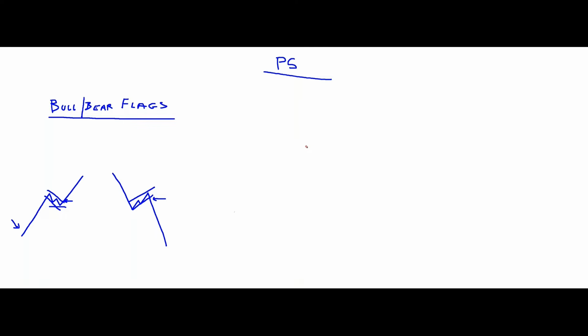The other thing too, I'm going to call it 2x or 3x bottoms or tops. So let's call those tops and bottoms. What I look for here is a couple things because it ties in with something else.